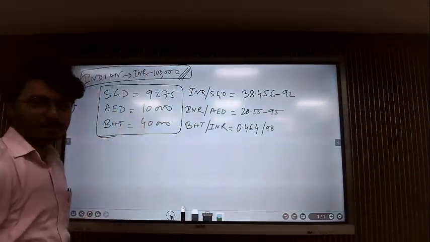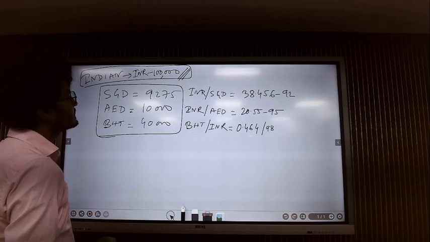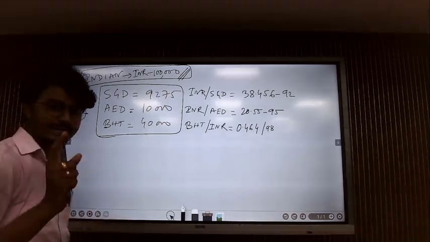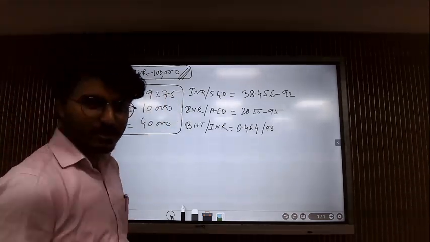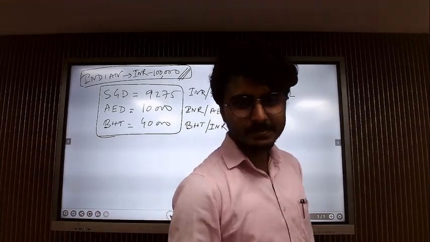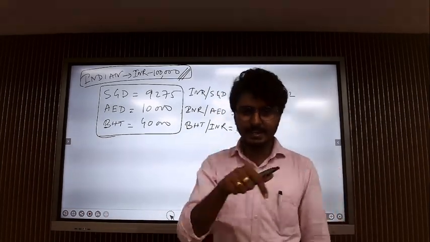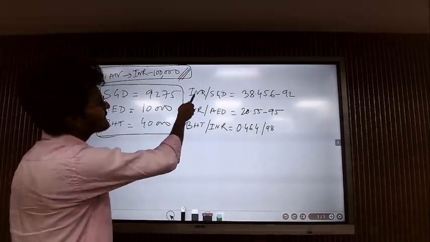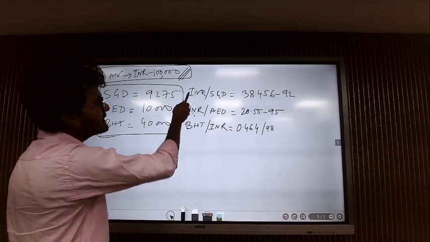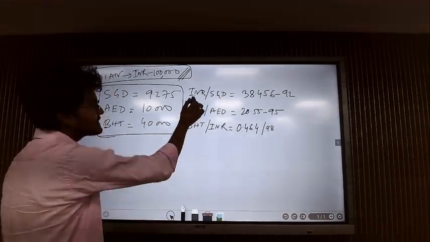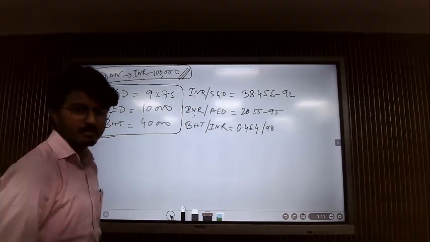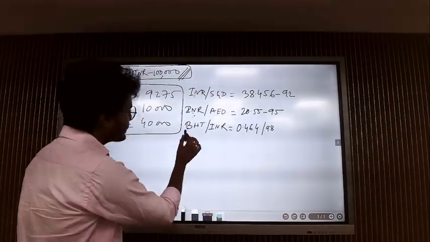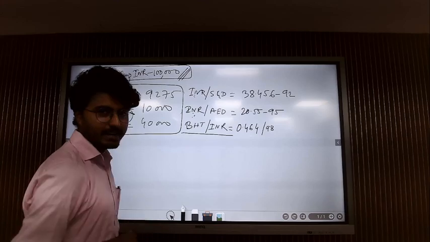So just see in this sum, two rates are direct quotes, because the citizen is Indian, the market is in India, and the quote currency is INR. So these two quotations are direct quotes, and the third one is an indirect quote.